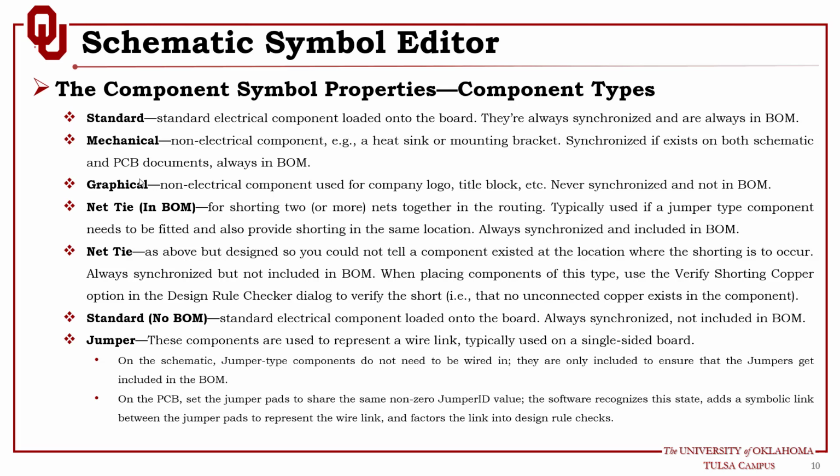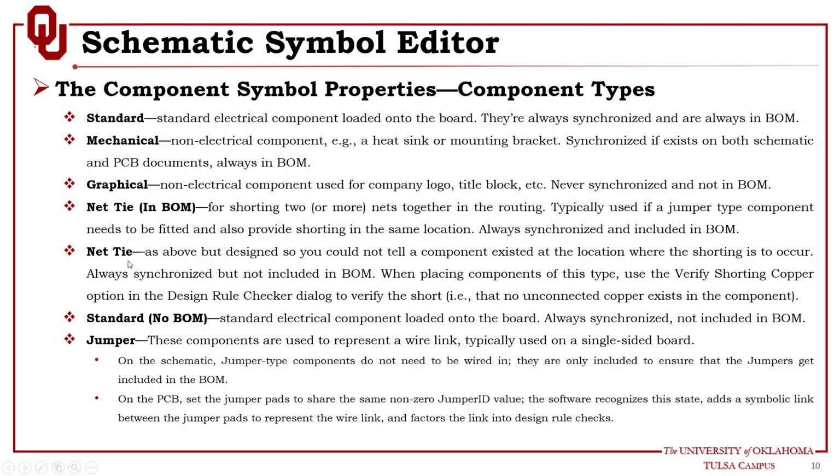One example of a net tie: if you have analog ground and digital ground, and you need to connect these two with a net tie, this net tie could be a 0 ohm resistor. Now this 0 ohm resistor exists in the bill of material, but it's defined as a net tie in the schematic, so the ERC can check this as a net tie and not tell you that you are shorting the two grounds using a 0 ohm resistor. It's not a 0 ohm resistor, it's just a net tie.